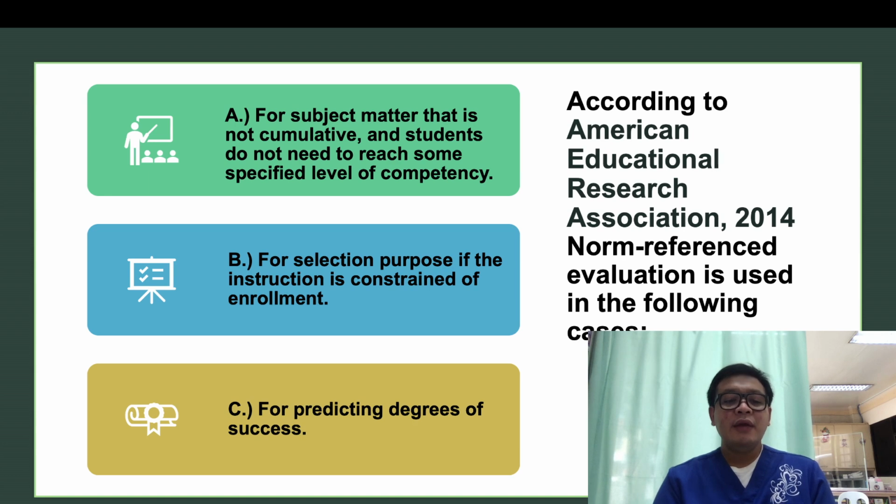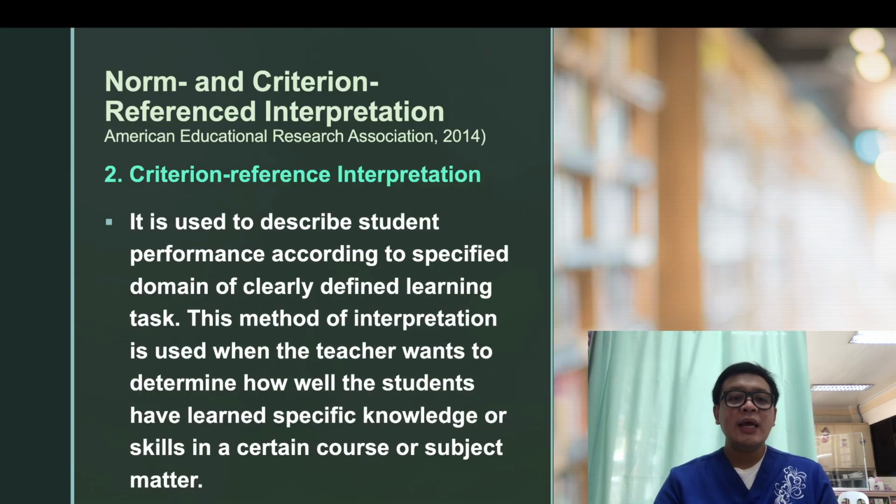And number three, for predicting degrees of success. The second, norm and criterion reference interpretation according to the American Educational Research Association of 2014, is the criterion reference interpretation. In this interpretation, it is used to describe students' performance according to a specified domain or clearly defined learning tasks.